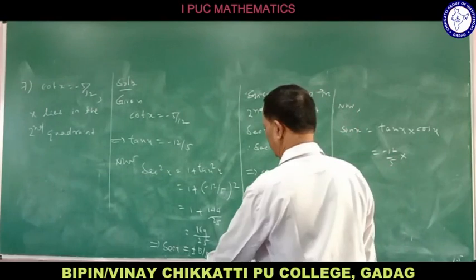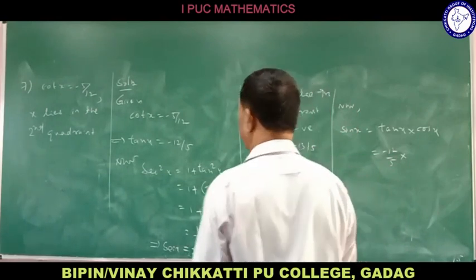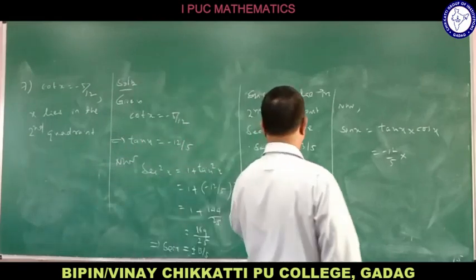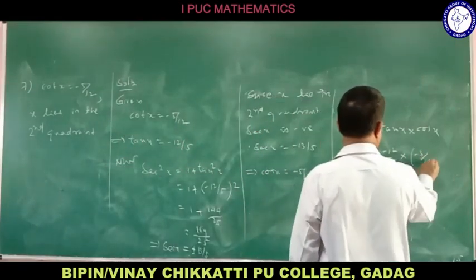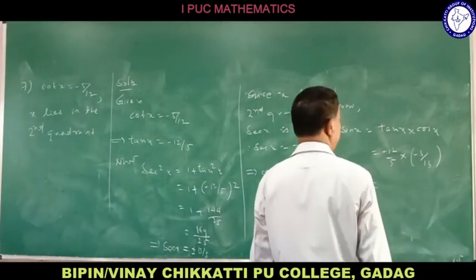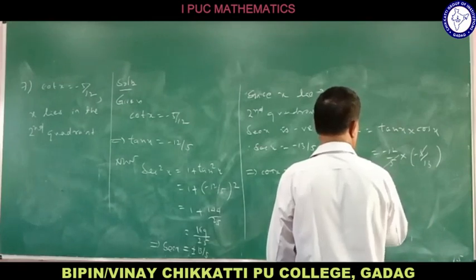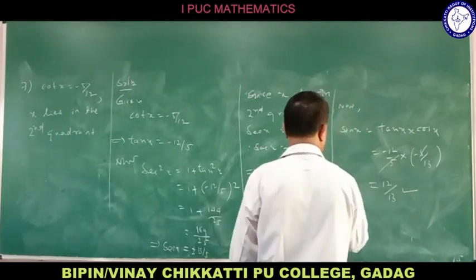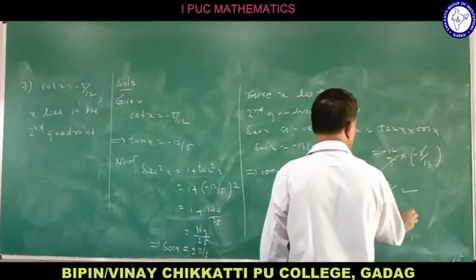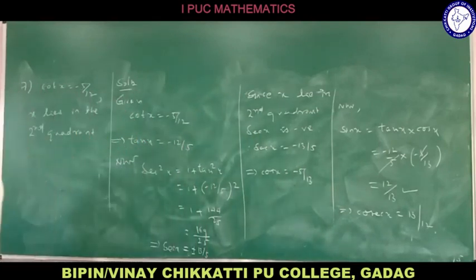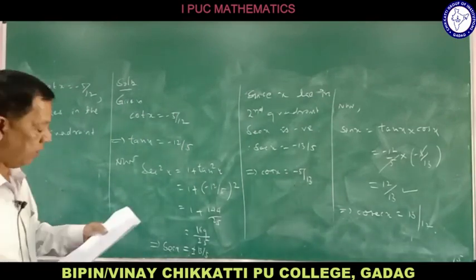Cos x, that is from sec x, is minus 5 by 13. Minus 5 by 13, and you have to understand that this cancelling gives plus 12 by 13. So this implies cosec x is equal to 13 by 12. I hope you understood how you are finding these results, and accordingly you can say that cosec x is equal to 13 by 12.